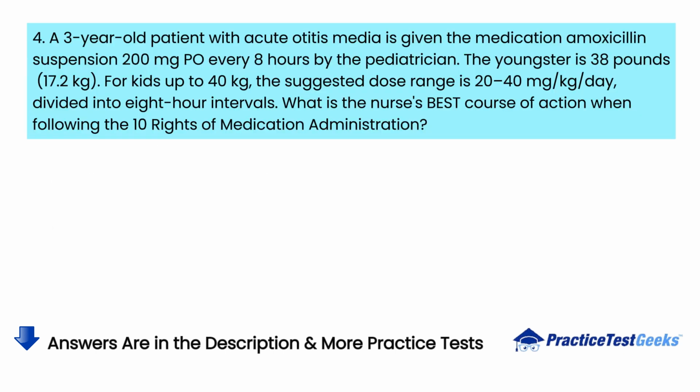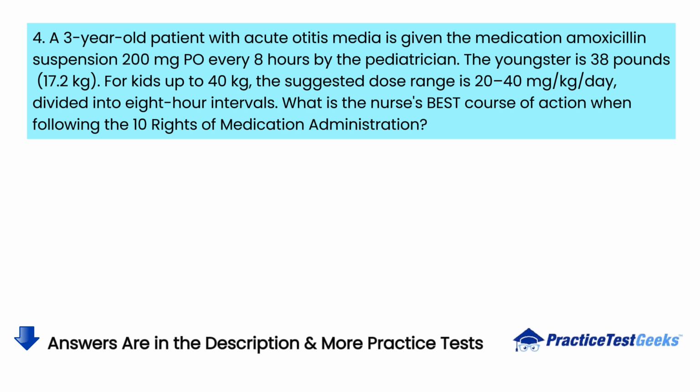A 3-year-old patient with acute otitis media is given the medication amoxicillin suspension 200 mg PO every 8 hours by the pediatrician. The youngster is 38 pounds. For kids up to 40 kilograms, the suggested dose range is 20 to 40 mg/kg/day, divided into 8-hour intervals.